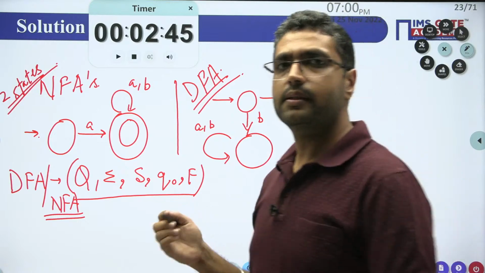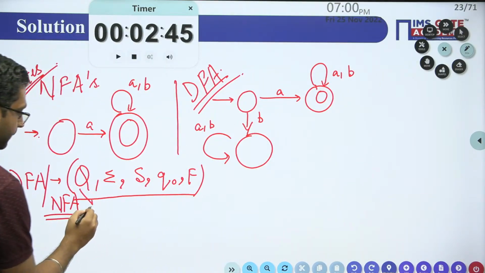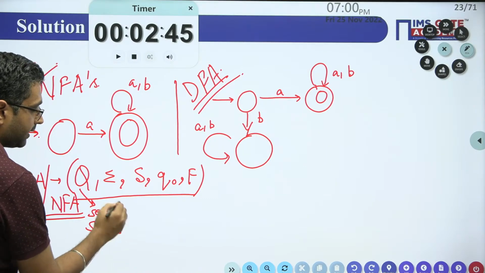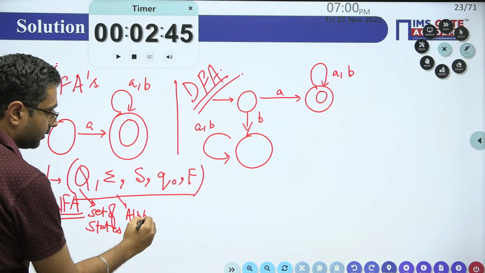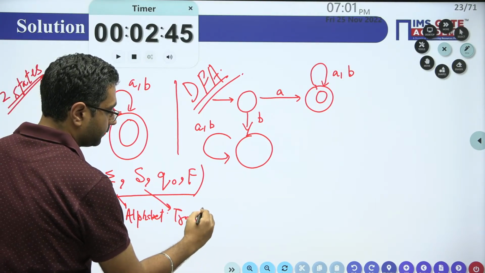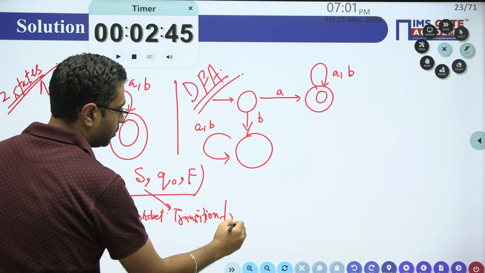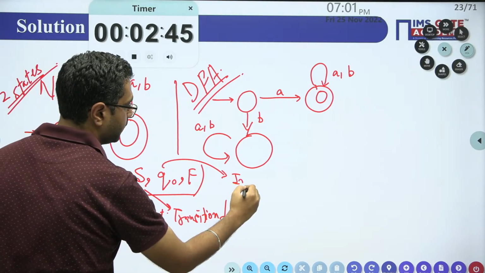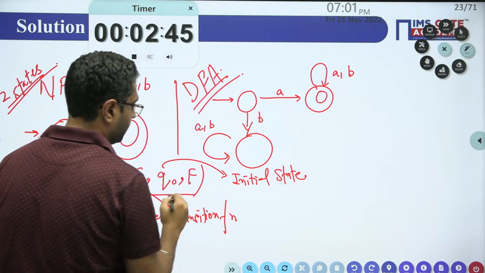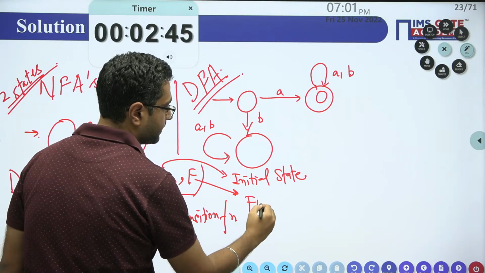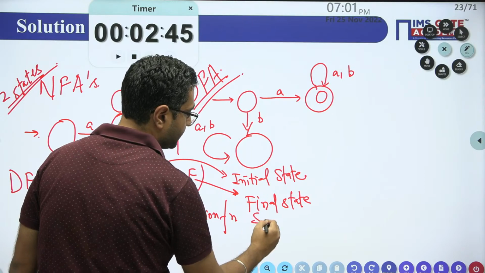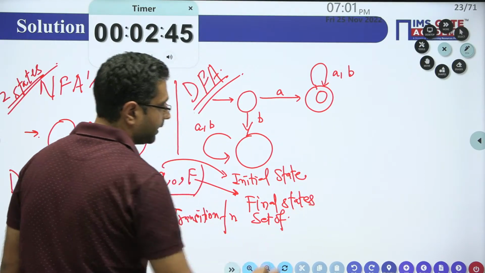Q is the set of states, sigma is your alphabet, delta is your transition function, Q naught is your initial state, and F is the set of final states. There can be more than one final state.